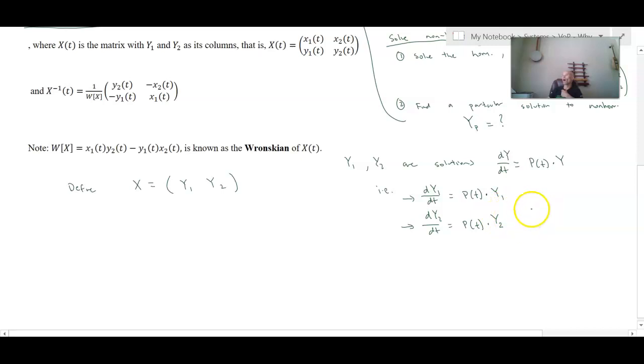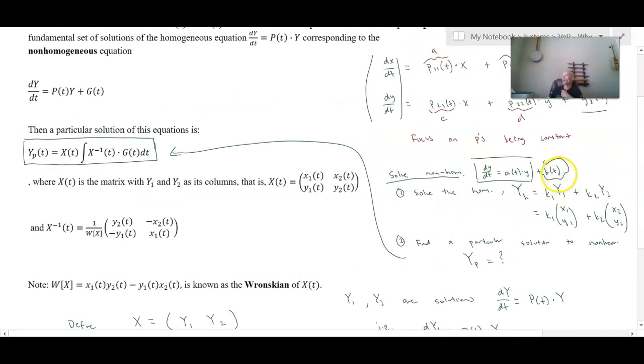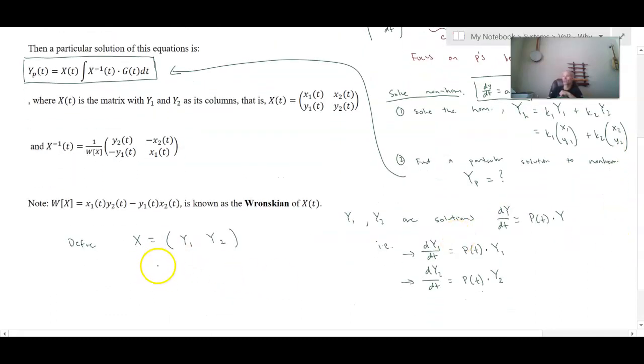So if y1, as we've mentioned, contains x1 and y1, the first two solutions, and capital Y2 contains the second two solutions, then all this is going to have in it is y1 as the column consisting of those two solution functions, and y2 is going to consist of x2 and little y2. And now we have this matrix that allows us to represent things in a different fashion.